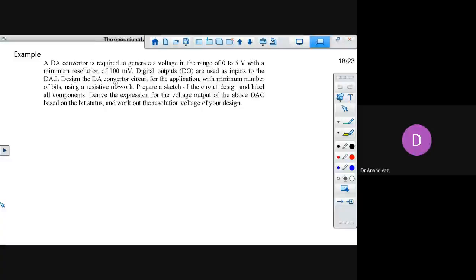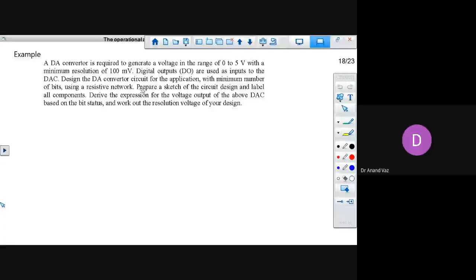Design the DA converter circuit for the application with minimum number of bits using a resistive network. Prepare a sketch of the circuit design and label all components. Derive the expression for the voltage output of the above DAC based on the bit status and work out the resolution voltage of your design.